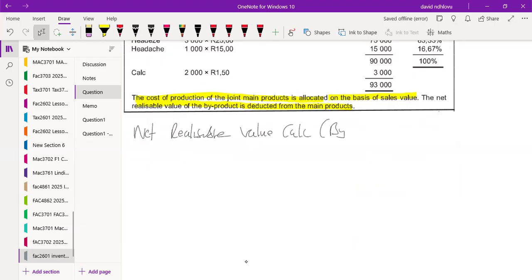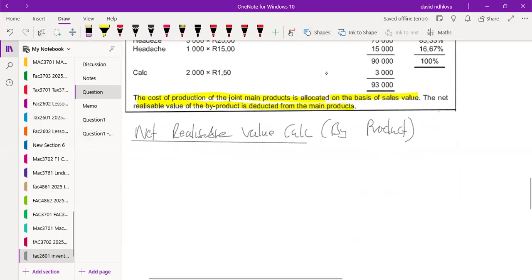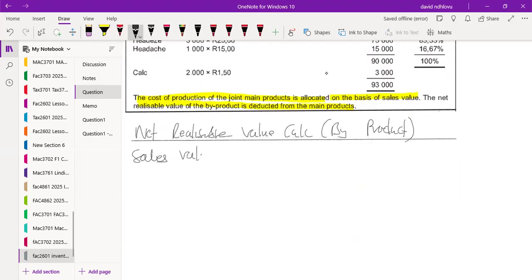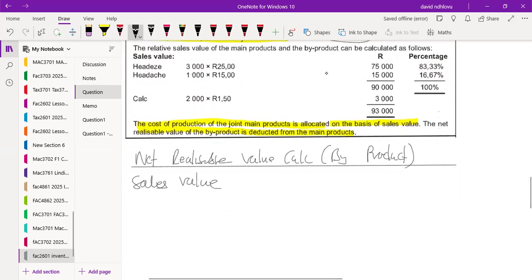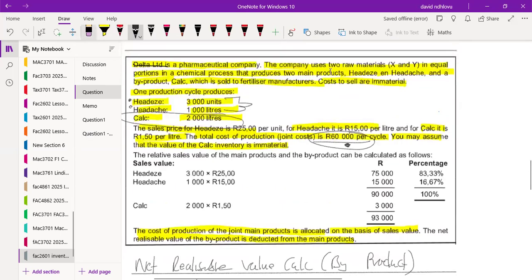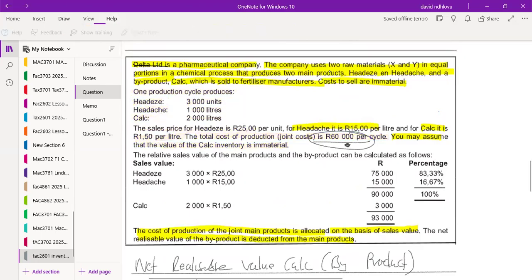This is our byproduct Calc. Right, so to calculate this, to calculate the net realizable value, you then say, what is the total sales value? Then you go now to the output. This is what is produced in each single batch of production. Calc 2,000 liters.